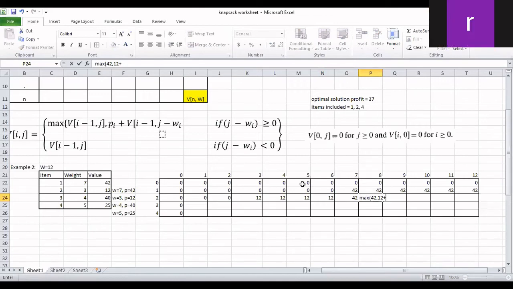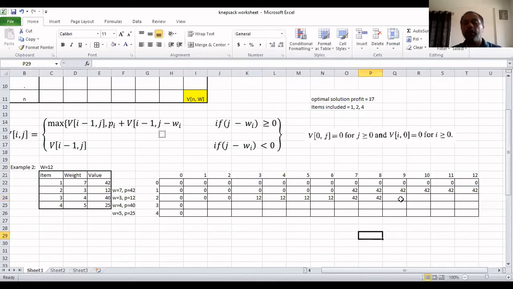This cell is 0. So the contention is 42 and 12. The logical meaning is, when the capacity is 8, either you can accommodate the first item or the second item. You cannot accommodate both. So the profit remains 42.